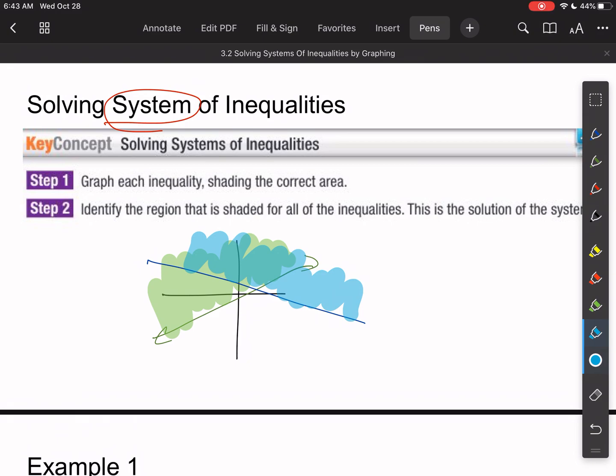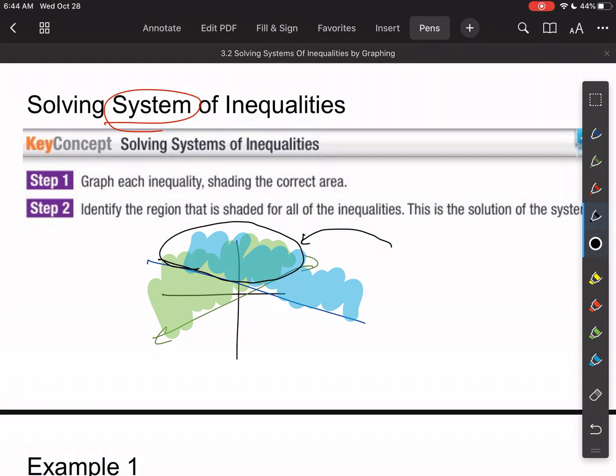The part that we are concerned about today is the part that has both. So the answer to the inequality is actually the picture. It's the place where we have both the shadings. Those are all the places on the graph that work for the system of inequalities.